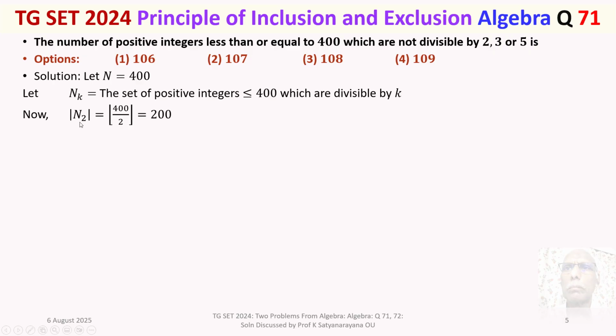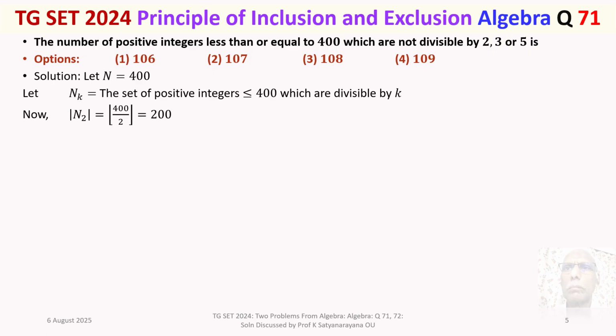The number of elements present in N2 is the floor function of 400 by 2. Floor function is nothing but GIF, the greatest integer function. The floor of 400 by 2 is the greatest integer less than or equal to 400 by 2, that is 200.